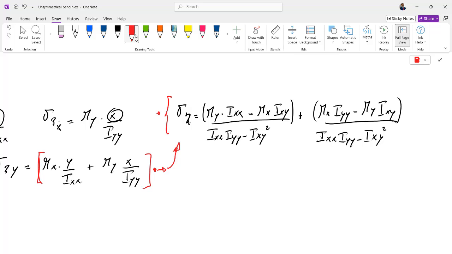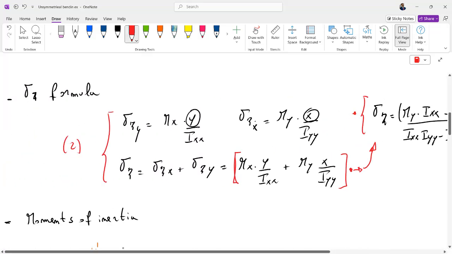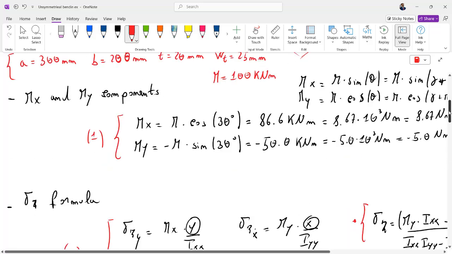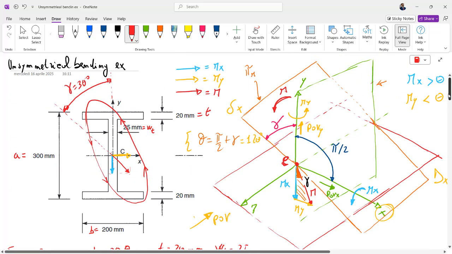If we are practical in this exercise, we just note that this E-beam has two symmetrical axes. The first symmetrical axis is the y-axis, and the second symmetrical axis is the x-axis. So the E-beam has two symmetrical axes and is 2 times symmetrical.